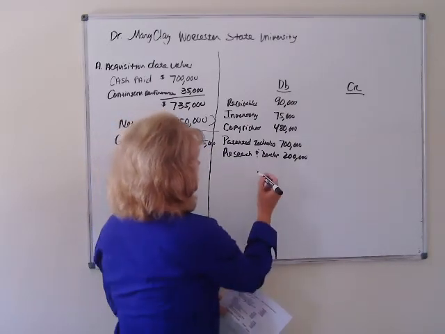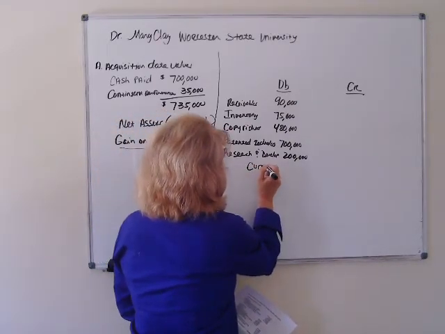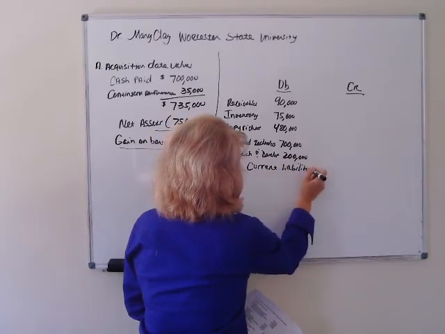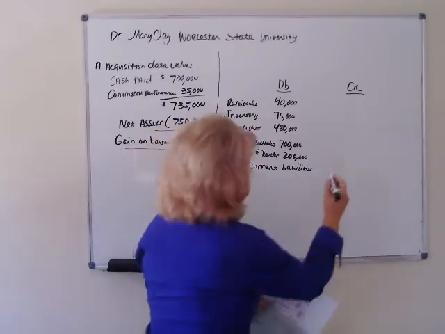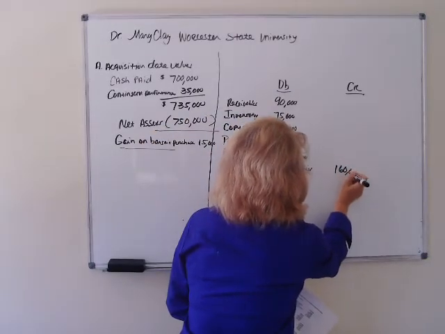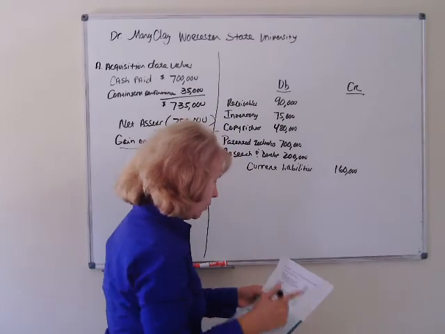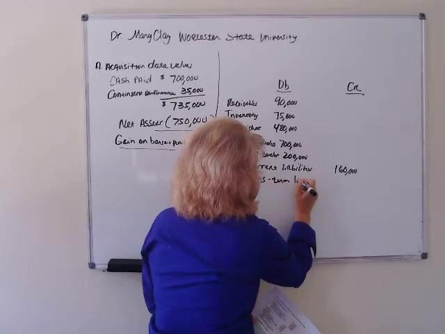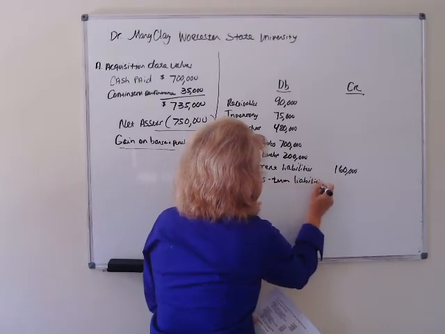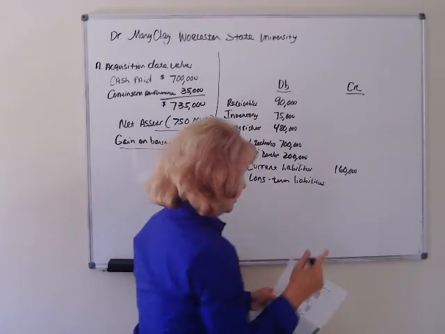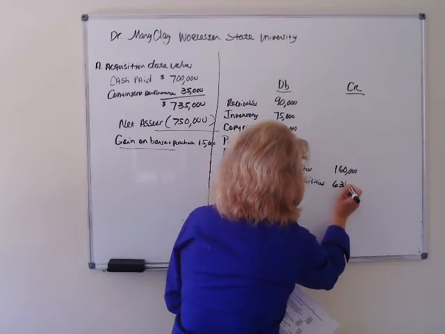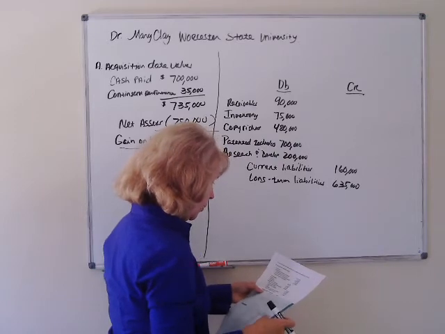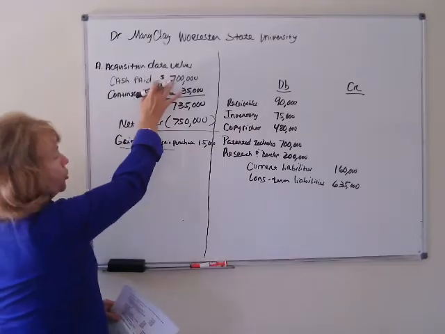Now I'm going to go to my credits. Current liabilities. And that is 160,000. Next, I will go to my long-term liabilities. That is 635,000. Next, I will do my cash.